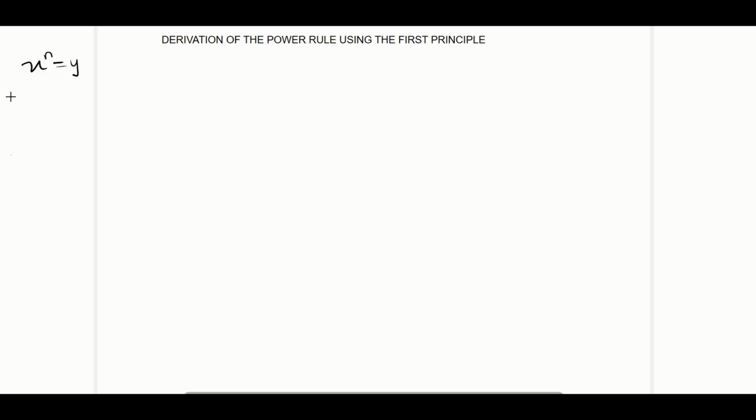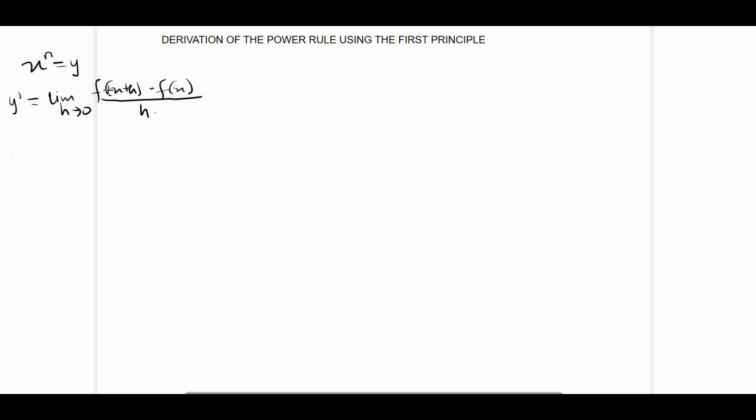It says that the first derivative of the function is going to be the limit as h approaches 0 of the function at x plus h minus the function at x, all over h. Now, our function is of the form x to the power n.